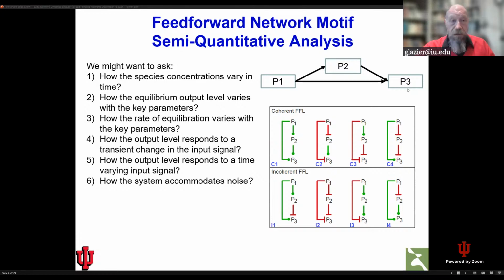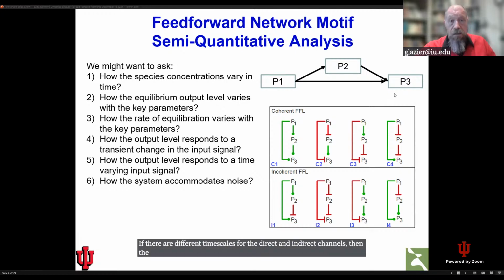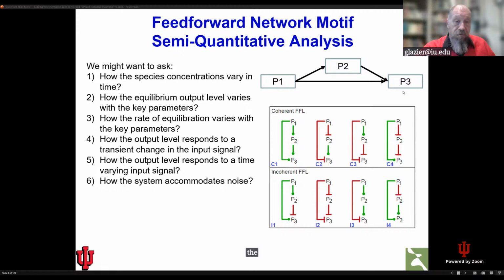What happens if I have a transient change in P1? If there are different time scales for the direct and indirect channels, then the output P3 may have a funny time dependence, or interesting time dependence.